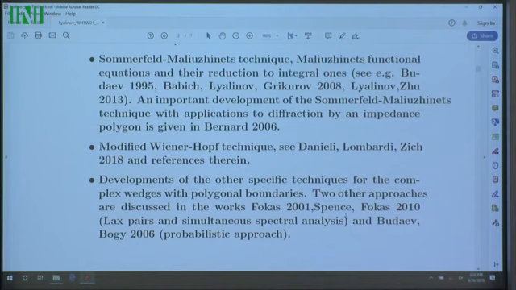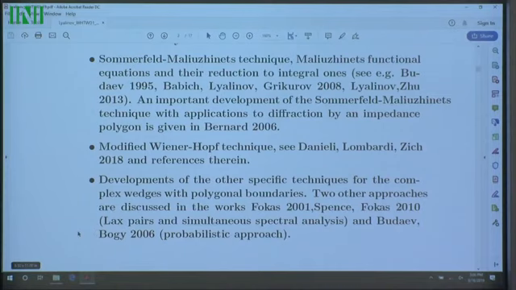Also, as I know, there are some results by Professor Ed, which have also recently been obtained by means of this Fokas approach. And this approach is based on Lax pairs and simultaneous spectral analysis. Also, I would like to mention some interesting results dealing with the probabilistic approach by Budaev and Bogy.